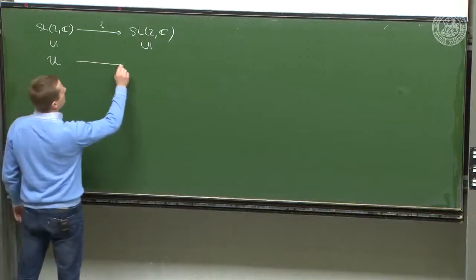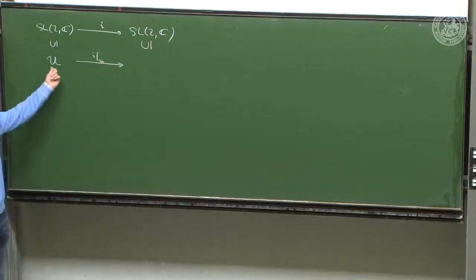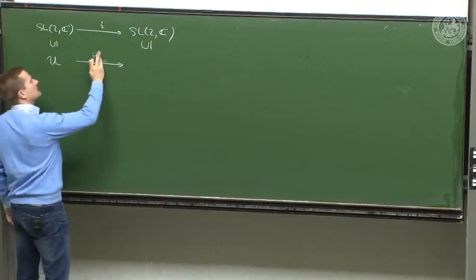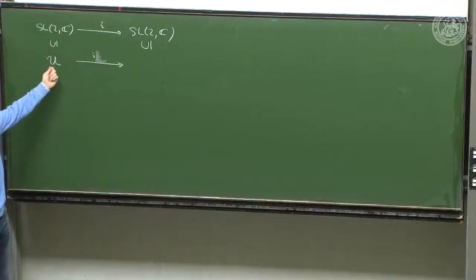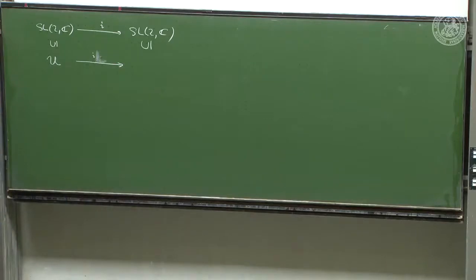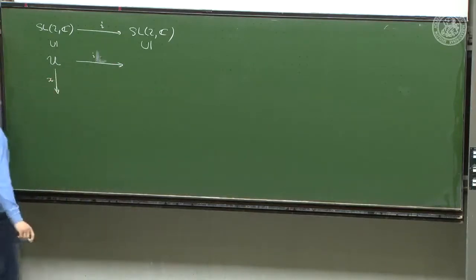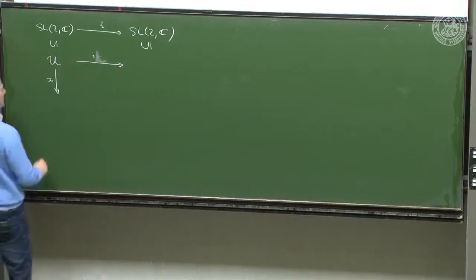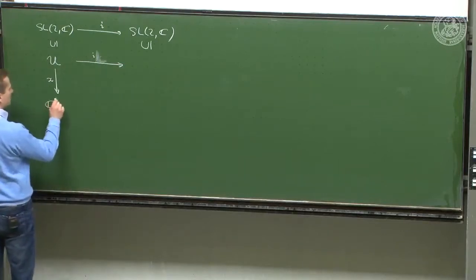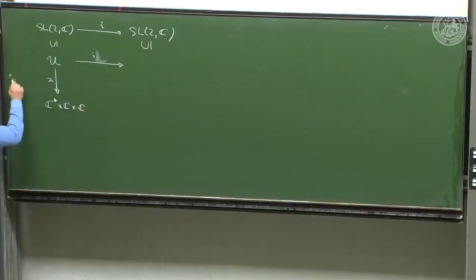So we restrict the map I to U. We only want to come from here, but I mean, we don't need to write this explicitly. It's clear by writing this here. I take this map, and now the question is, where do I land here? Well, the chart U comes with the chart map X, and you go into C star cross C cross C. It was this A, the upper left entry being non-zero.